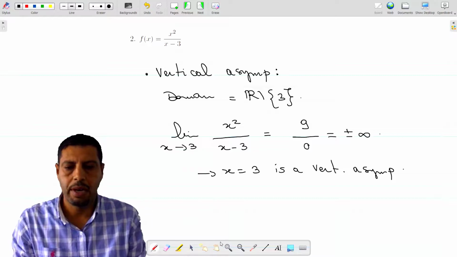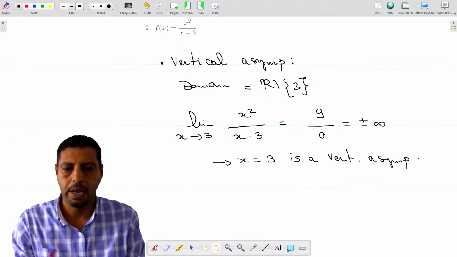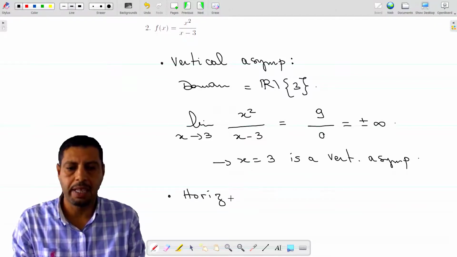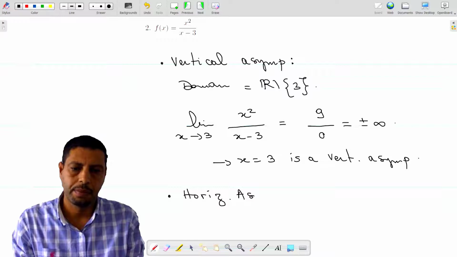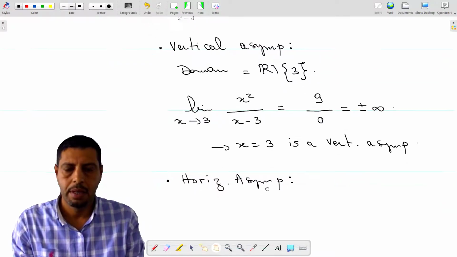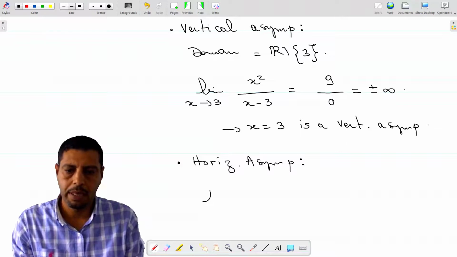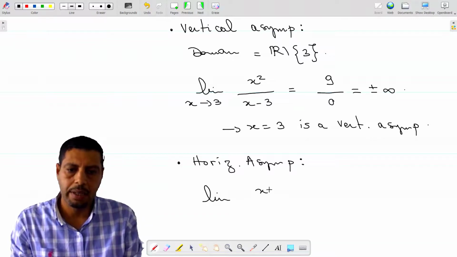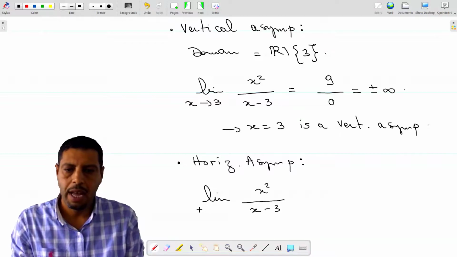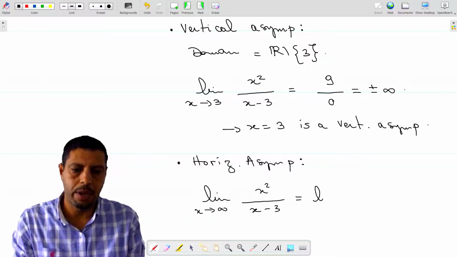Let's check for horizontal asymptotes. So we're going to compute the limit at infinity and negative infinity. And here we have to compute the limit of x squared over x minus 3, our function, as x approaches infinity. Again, here we can apply the leading terms rule.